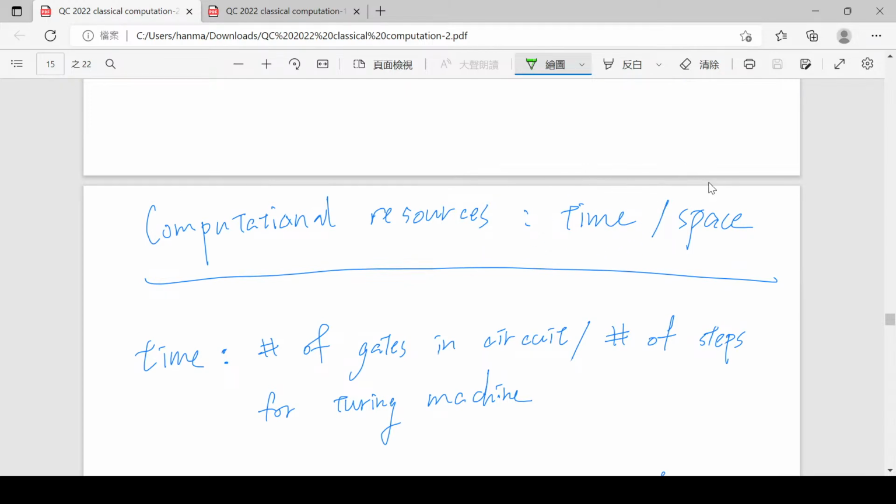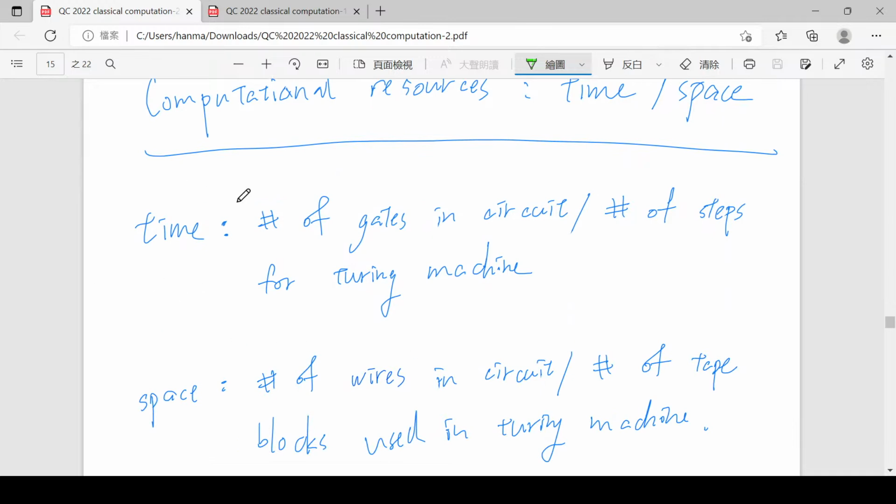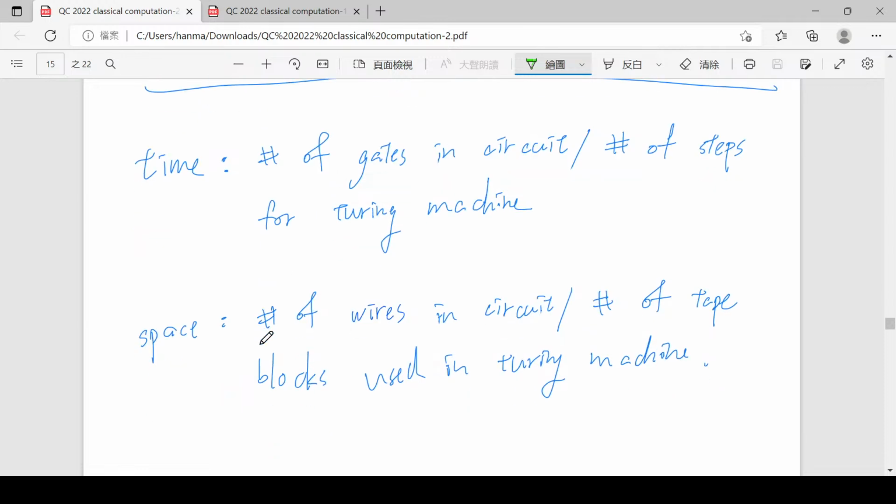The two resources people in theoretical computer science think most about are time and space. Time is pretty obvious: that's how long it takes your program to run to give you whatever answer you want. And space is a bit more physical: this is how much RAM your computer must have to run the program you want to run.